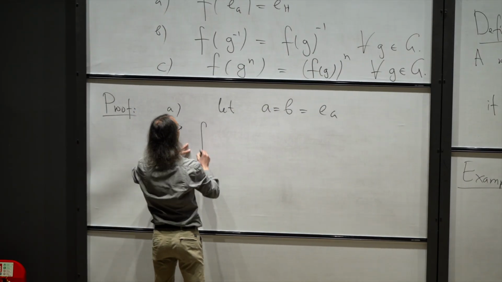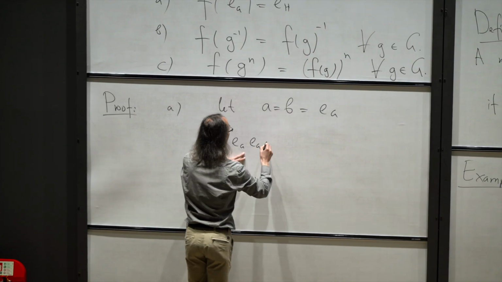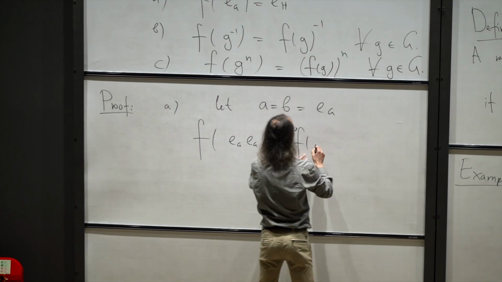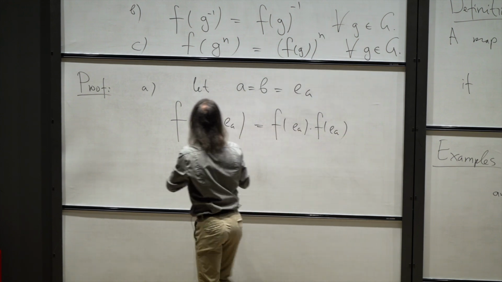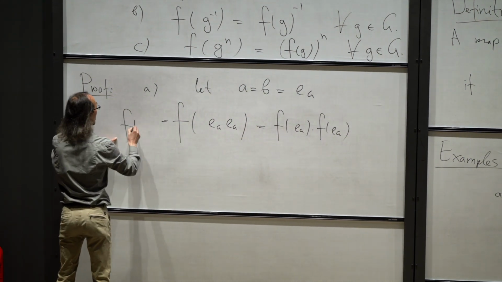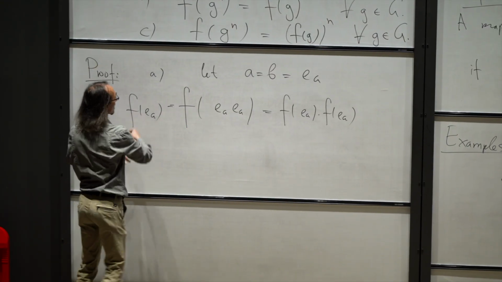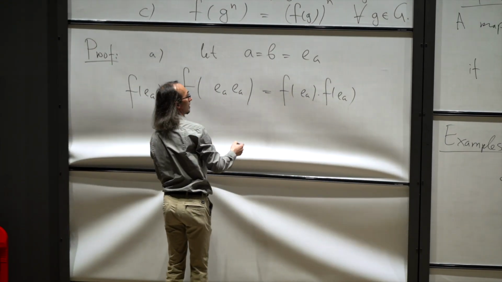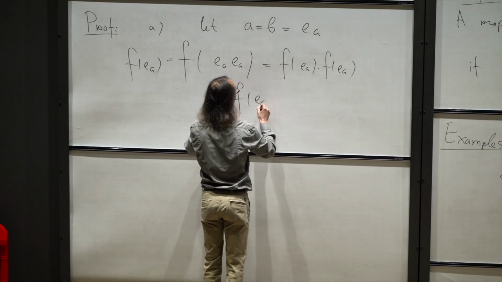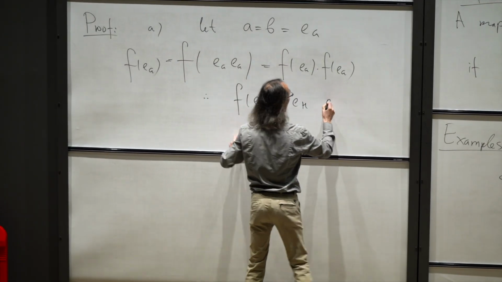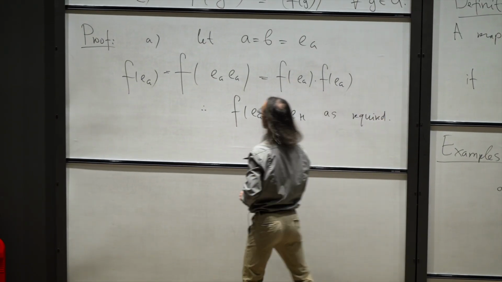So we have f of the identity times the identity must be equal to f of the identity times f of the identity. But this is just f of the identity, and now we can cancel one f of the identity and deduce that f of e_G is e_H as required.